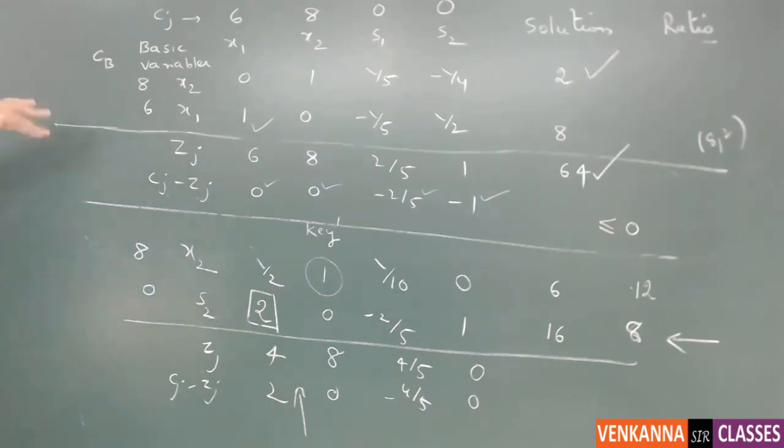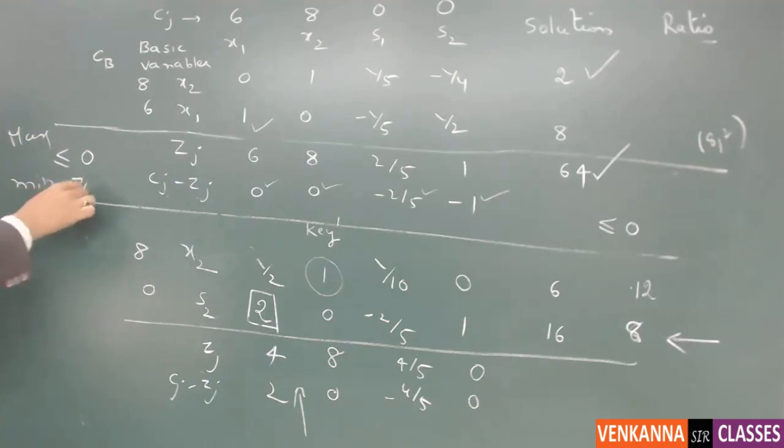Now this is the way to construct the simplex table and solve the problem, and checking the optimality condition. The thing we need to remember here is, for maximization we check for less than or equal to 0. For minimization we check for greater than or equal to 0.